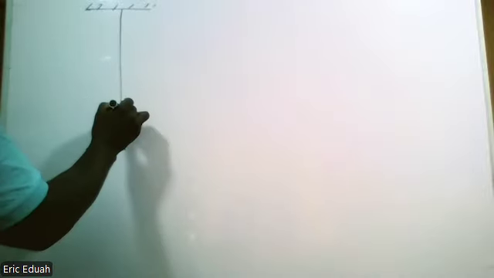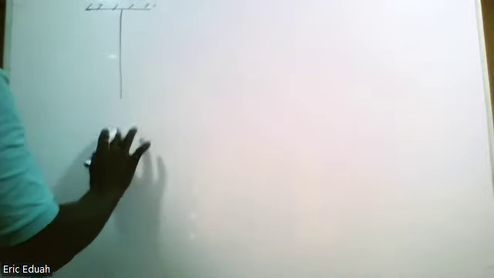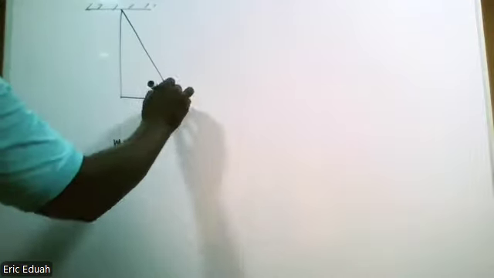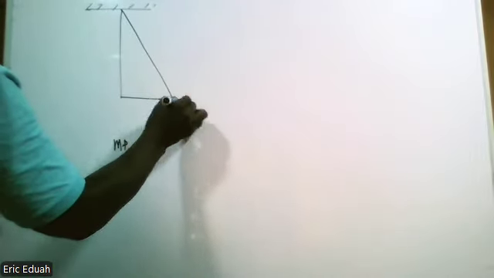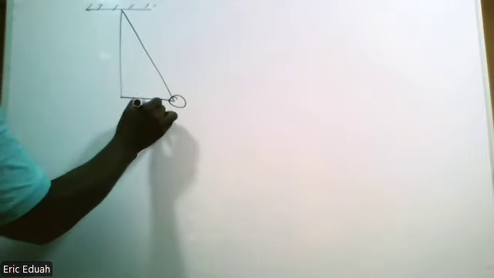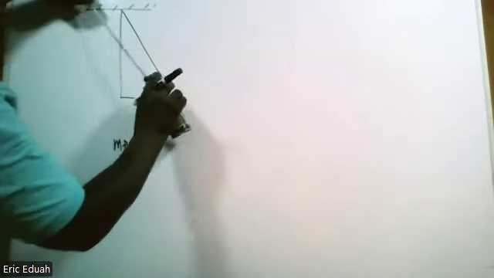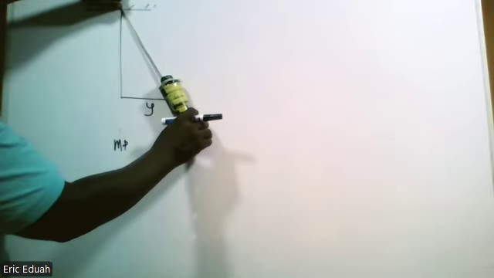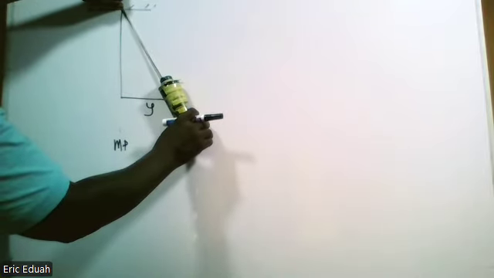Example, an oscillating pendulum, mean point, MP. When I displace it to this distance, if it is now here, this is the displacement Y. So by virtue of it being displaced from the mean point, it has potential energy.